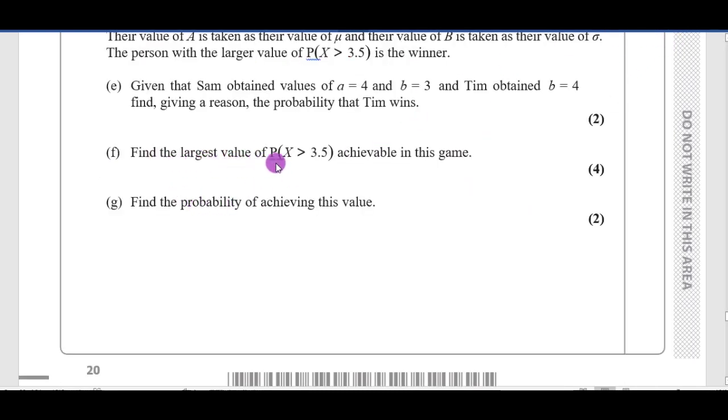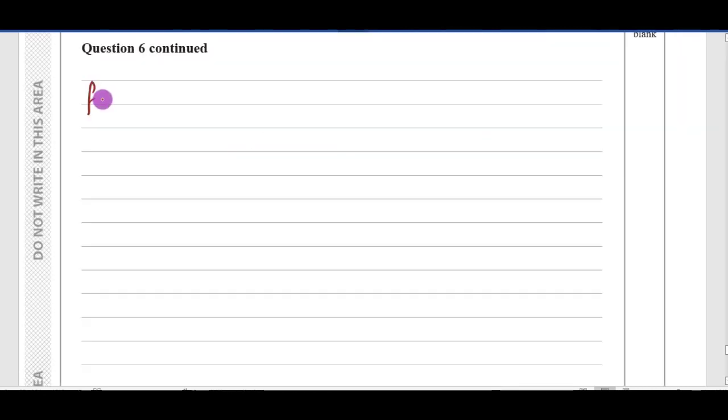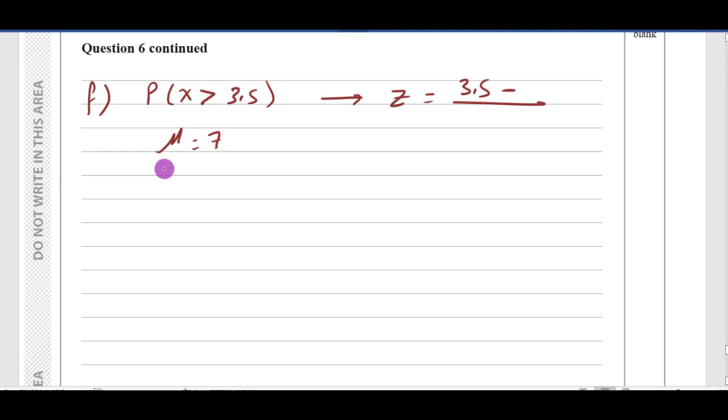Now find the largest value of the probability of X bigger than 3.5 achieved in these games. So we have Z equal to 3.5 minus, we have mu equal to 7, sigma equal to 1, so minus 7 and 1.